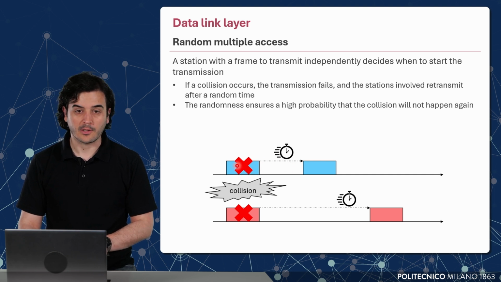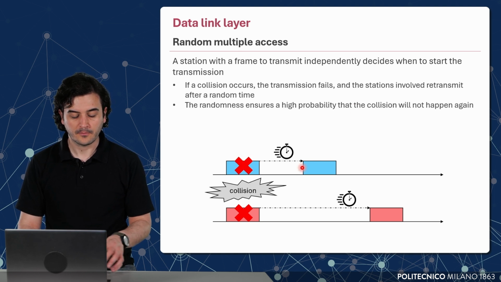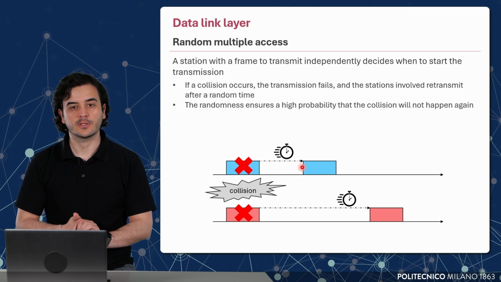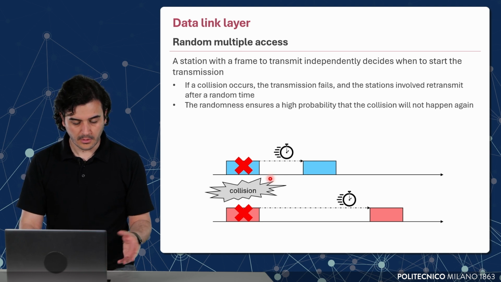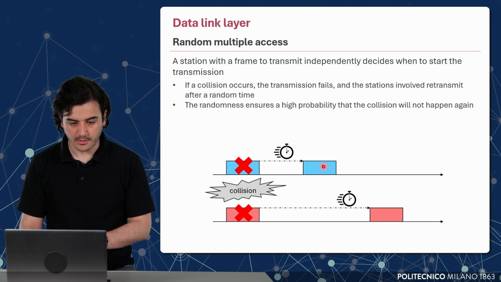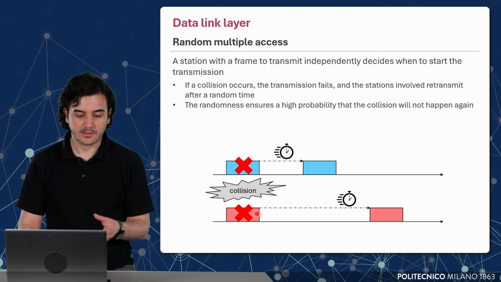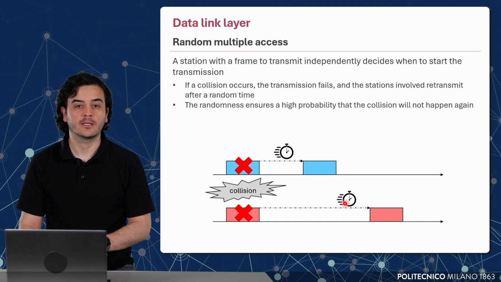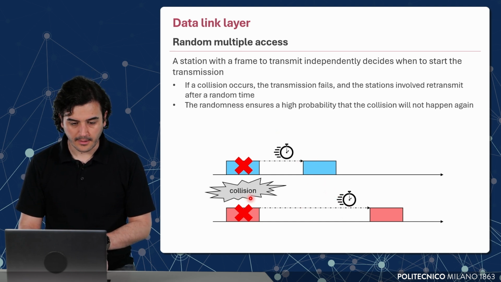This random time is local to each of the stations. So after a certain amount of time, which of course is predefined according to the protocols in place, the blue station starts to retransmit. And since the retransmission happens after a random time, it's very likely that the times will not match, and therefore we are avoiding a collision.